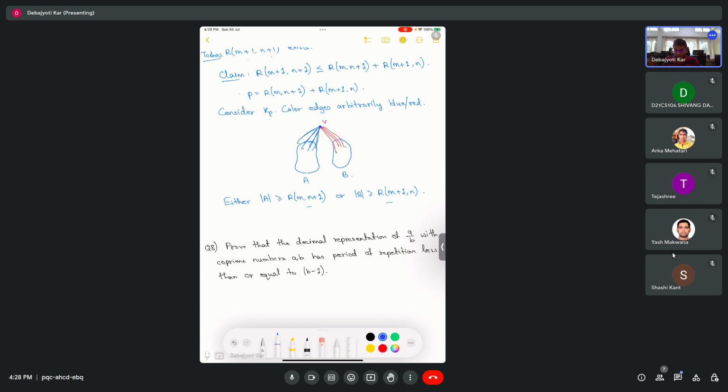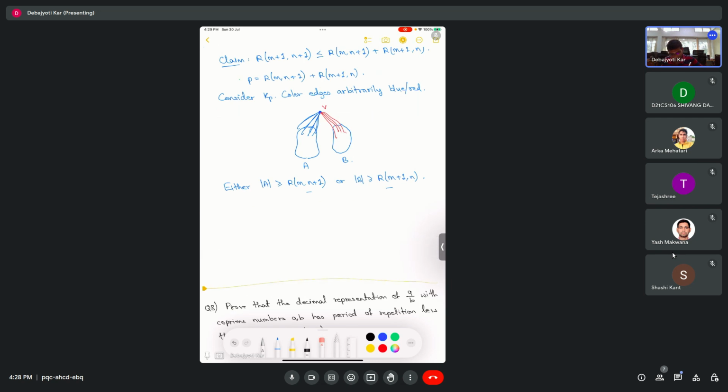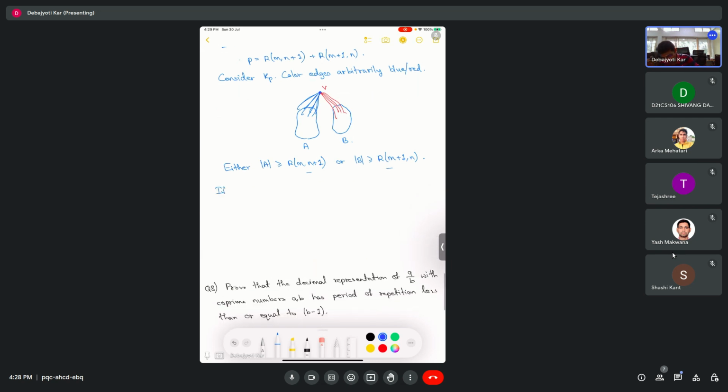And this is very simple. If both these conditions do not hold, then what will happen? Then the number of vertices in the graph will be at most what? If the size of A is not at least this, it means it is less than or equal to r(m, n+1) minus 1.